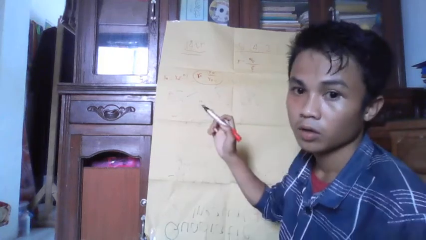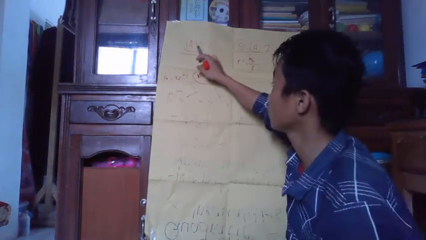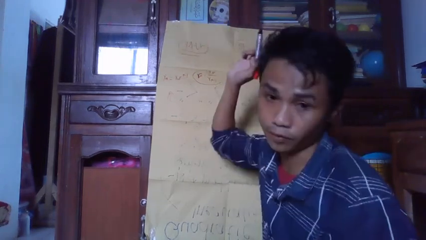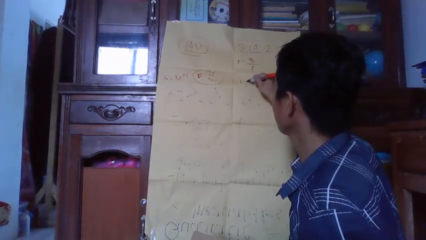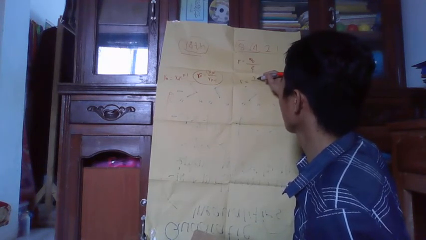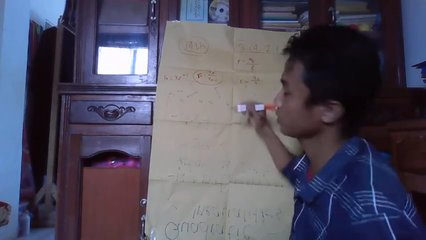So, this is our given question. We need to find the 14th term. First, we will use the common ratio, x sub r is equal to x sub 2 over x sub 1.